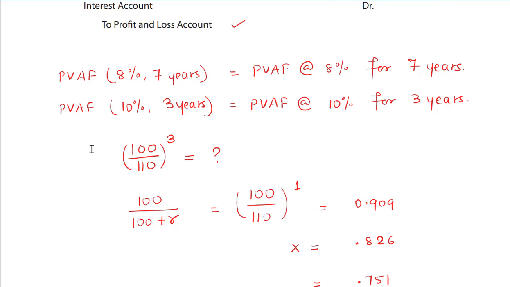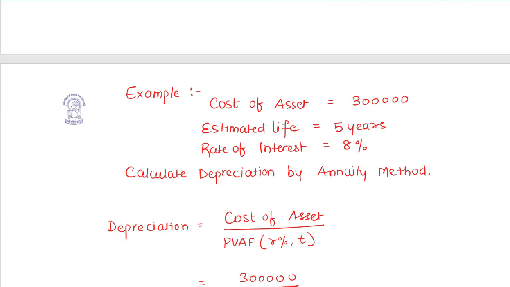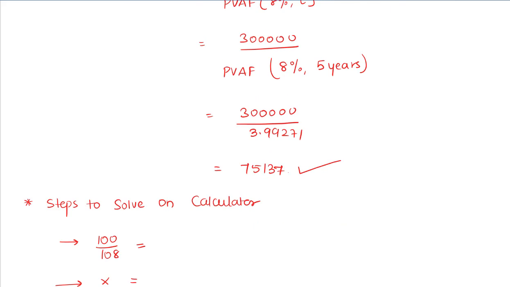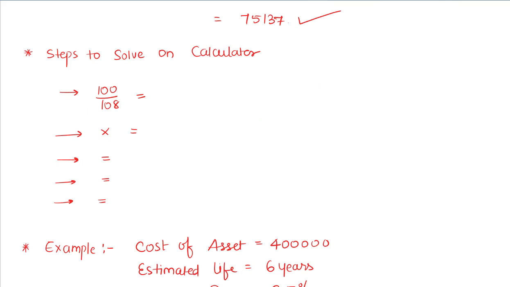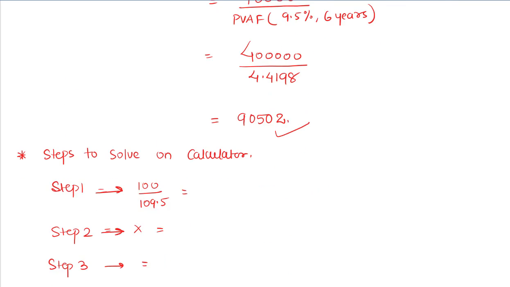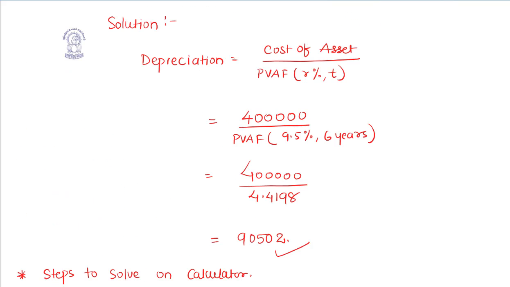This is significant. Then we have done several examples in relation to calculation of depreciation by annuity method. The formula to calculate the depreciation would be same. Steps to calculate on calculator is important. We have seen another example, a bit long steps because this is a 6 year case; the expected life of the asset is 6 years.